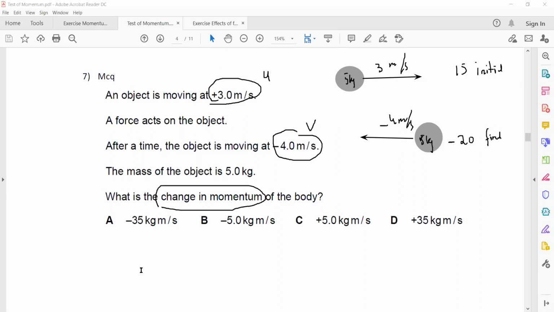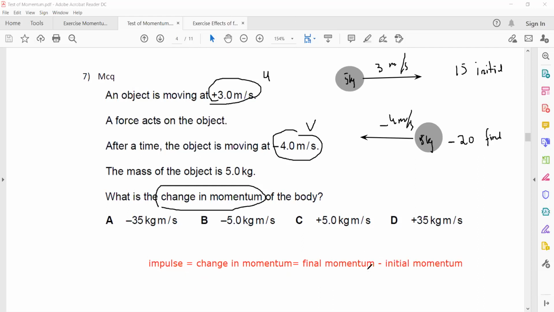But the question is to calculate impulse. Impulse means the change in the momentum, which is always the final minus initial. So the final momentum minus the initial momentum.